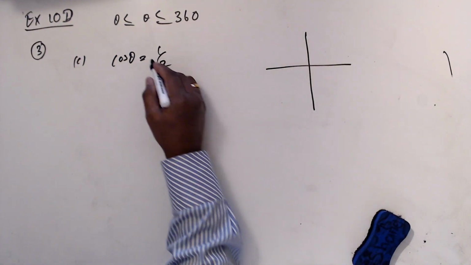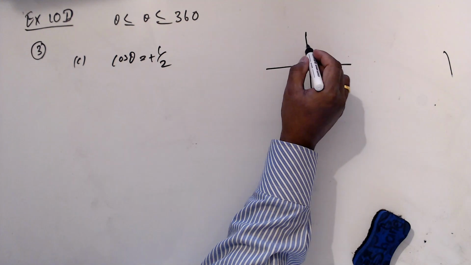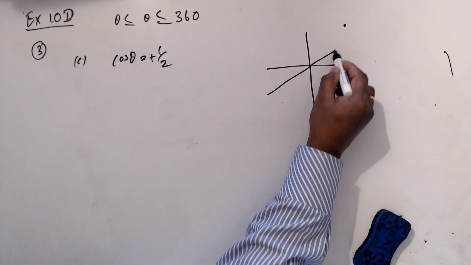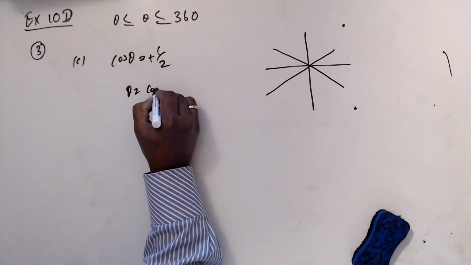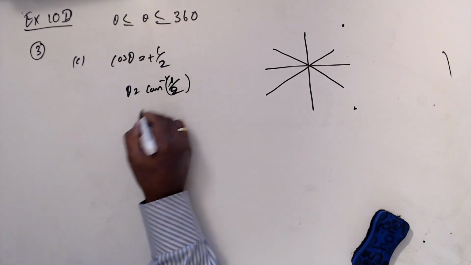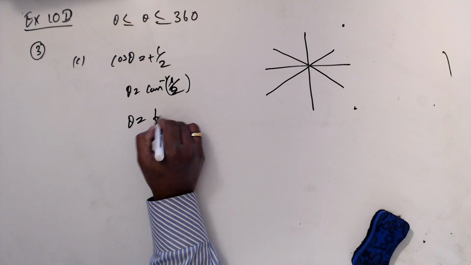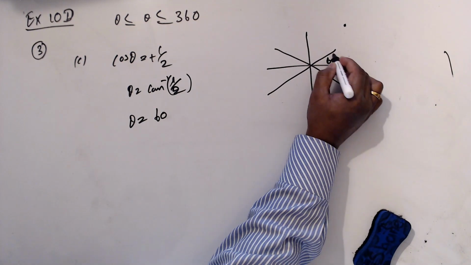Cos positive, it means positive. Cos positive is the first one and the fourth one. So theta equal cos inverse half, which is theta equal 60. So I'm writing here 60.